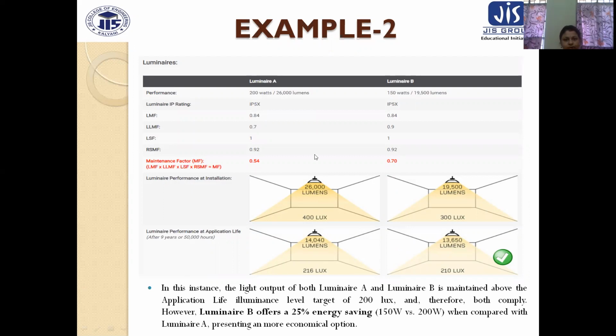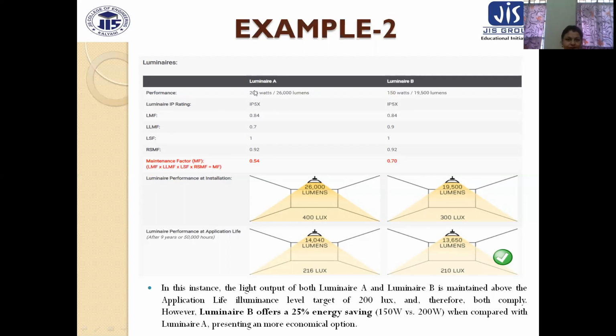So again I am repeating the performance for luminaires A and B. The first one is 200 watts per 26,000 lumens, and for B, 150 watts per 19,500 lumens. The luminaire IP rating is IP5X for luminaire B also. LMF is the same for both, 0.84.